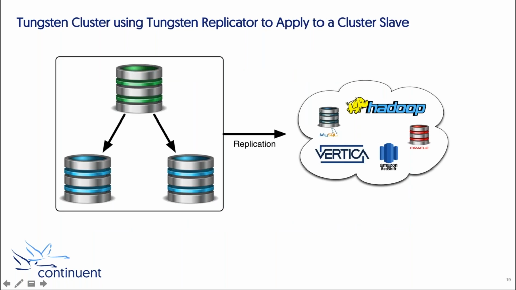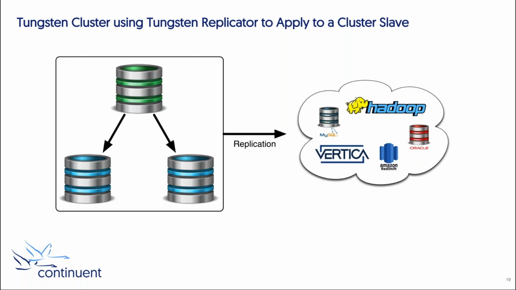I'd just like to talk about a cluster slave real quick. So a Tungsten Replicator can replicate to a target using the cluster as a source instead of a single database node. What this means is that the replicator can connect to any node in the cluster to get its replication data, i.e. THL. If a node were to fail in the cluster, it's removed from the cluster, and the replicator is also aware of this event that just happened.